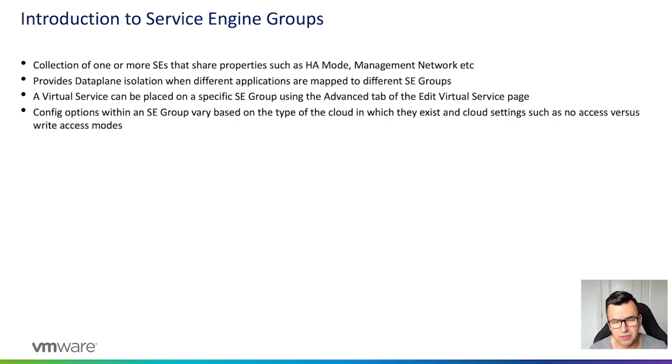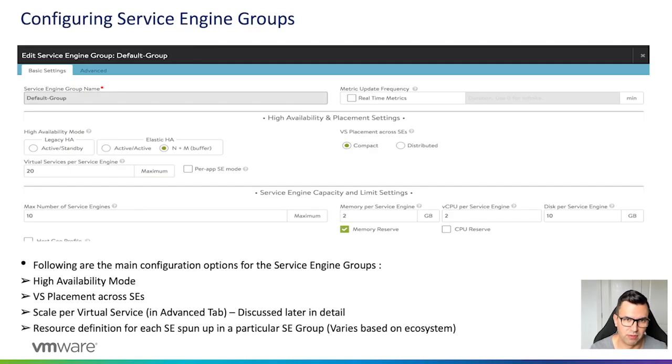The service engine group has config options based on the type of cloud, and also settings that have to do with the access or no access type. When you have a no access cloud, those elements on the service engine group will look different. And this is one example of configuring a service engine group.